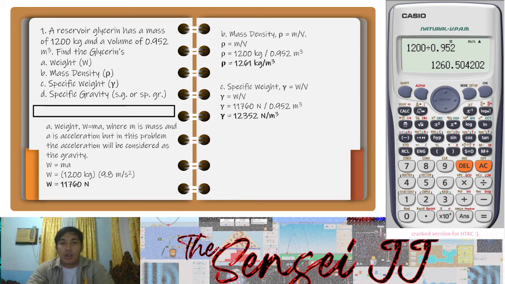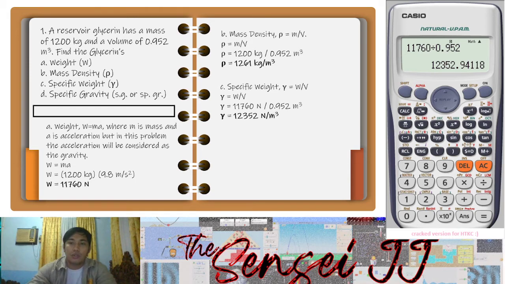We will have an answer of 12,352.94. So yan, typographical error. So this will be 12,353. Okay, so another method of solving our specific weight is our rho times gravity.